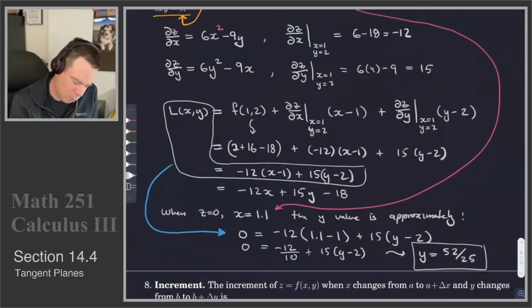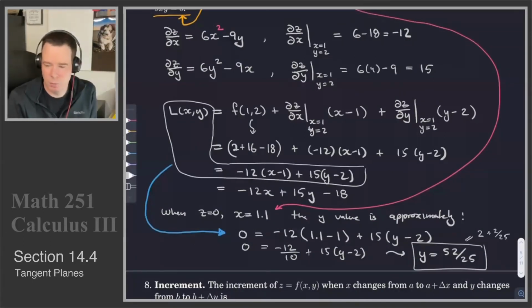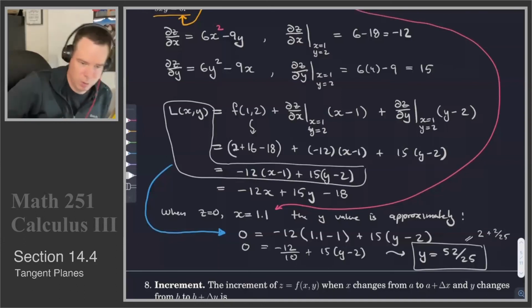And you can see that this y value is roughly 2 plus 2 over 25. So it's a value that's very close to 2. And we expected it to be very close to 2, because when values are very close to 1, the y value should be very close to 2, because we're taking the tangent plane at the point 1, 2.